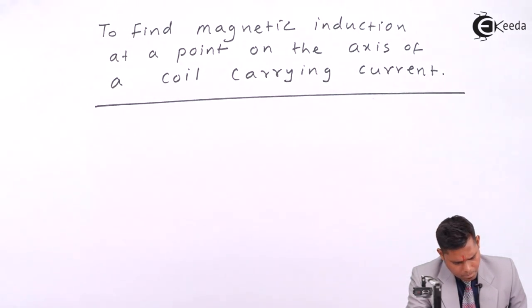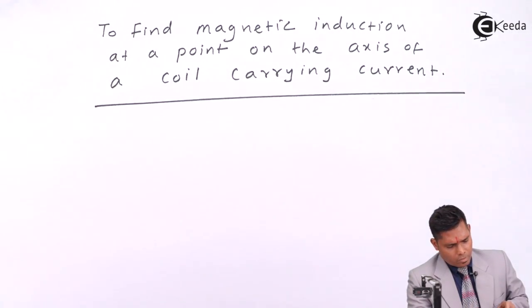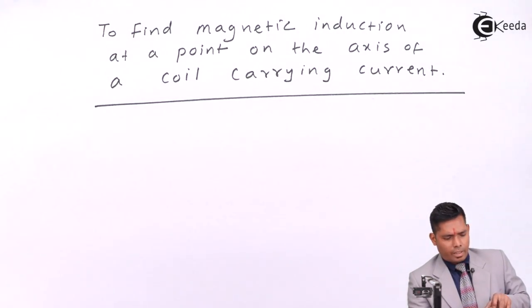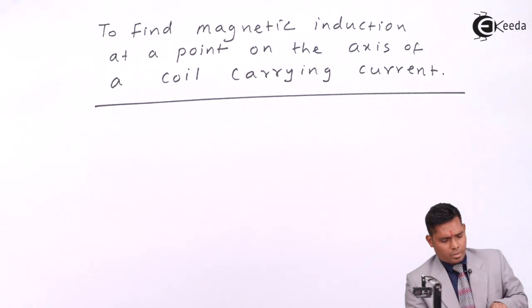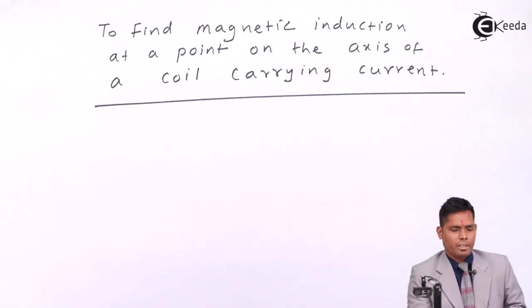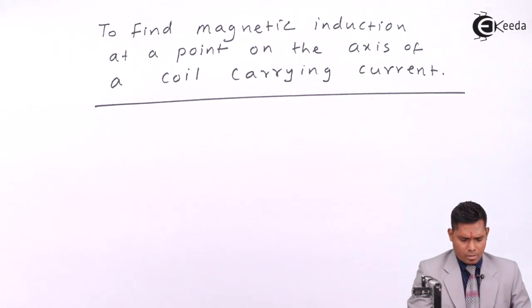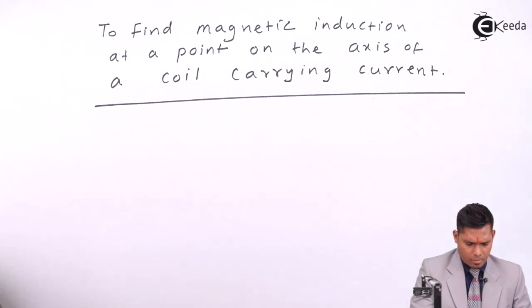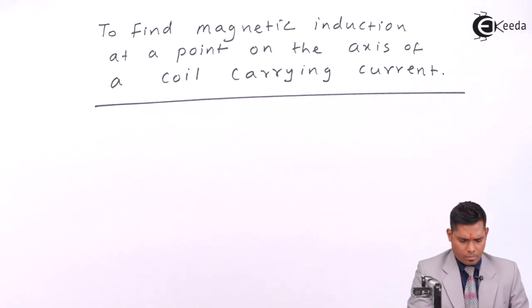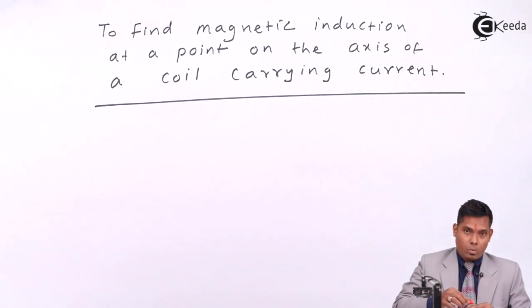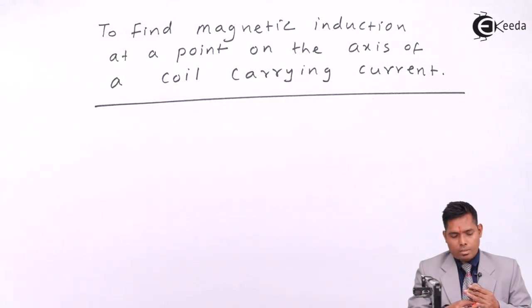If I choose an element over here, then the direction of the element, that is dl, is like this. If I choose an element here, or here, or here, something like that, I have to move around the circumference to choose elements.